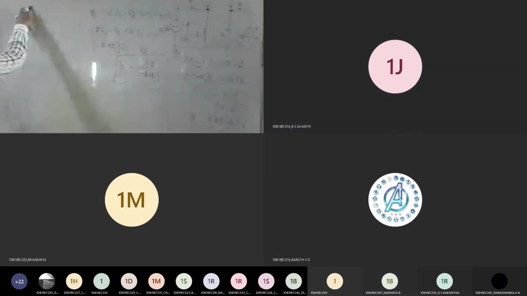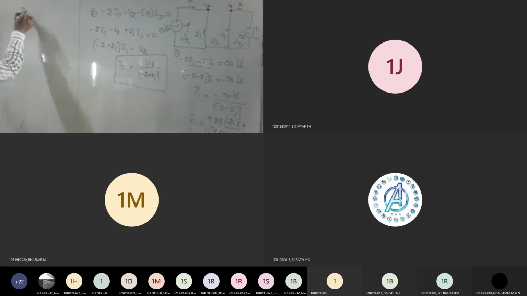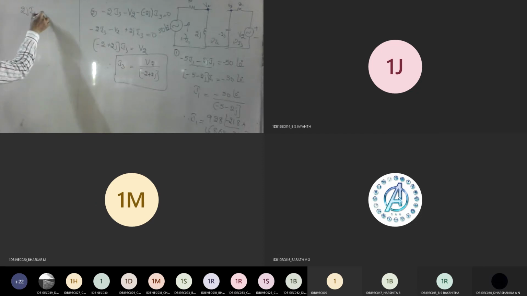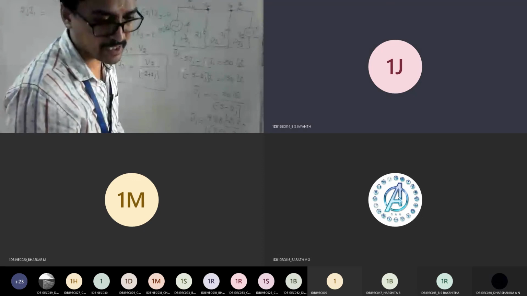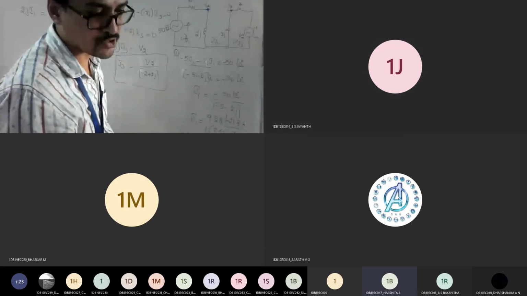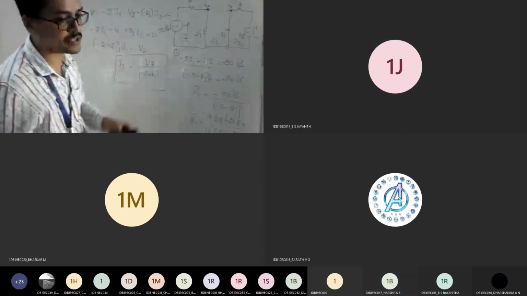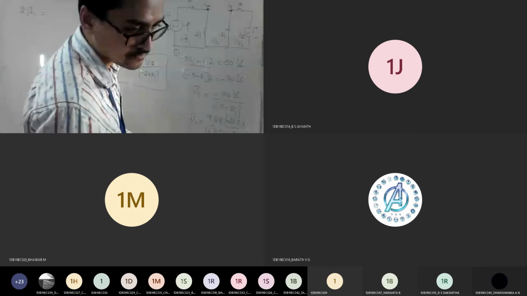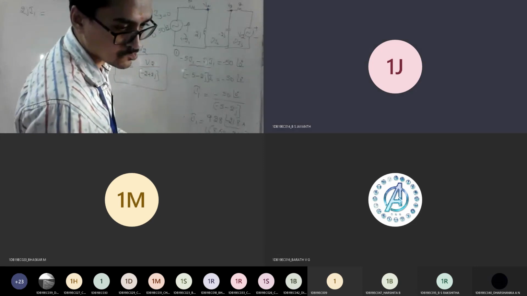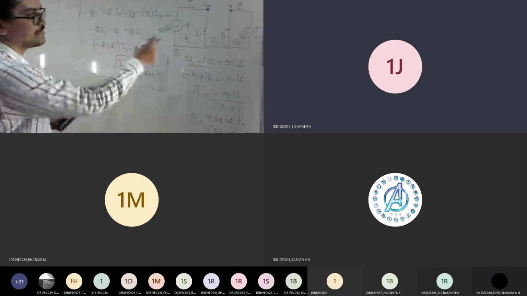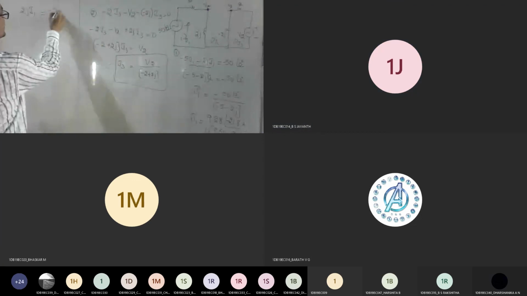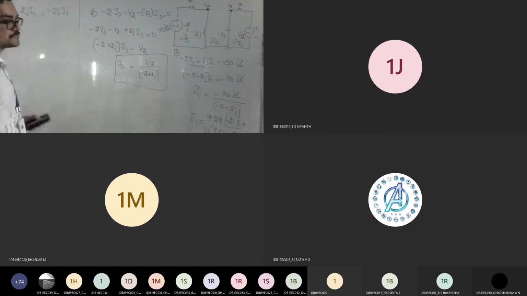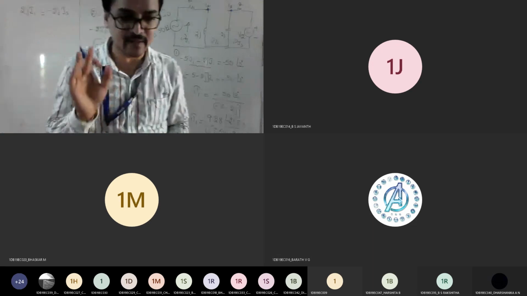So can I write VA as 2j into I1? Yes, sir. Similarly, what is VB now? Minus 2j into I3. Good. Why minus? Because the value of the capacitor is minus. So this is minus 2j I3. Any doubts anyone till here?